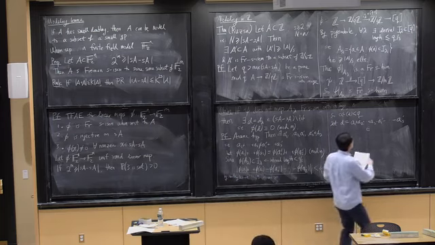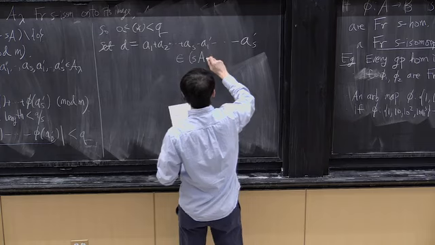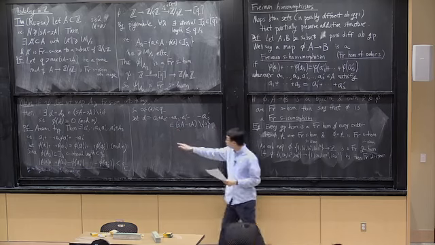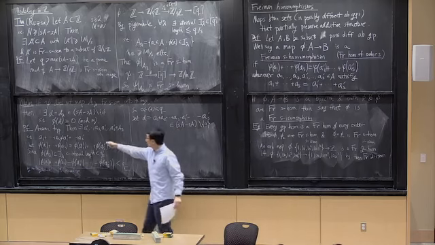So this d is some element of sA minus sA, and it's non-zero, because we assume that d is non-zero.